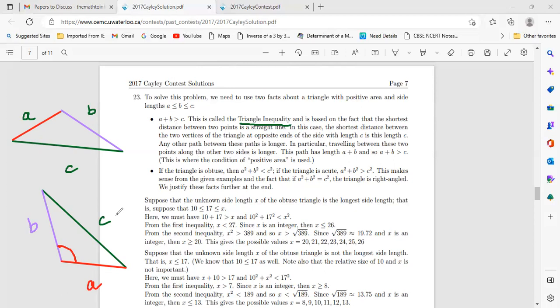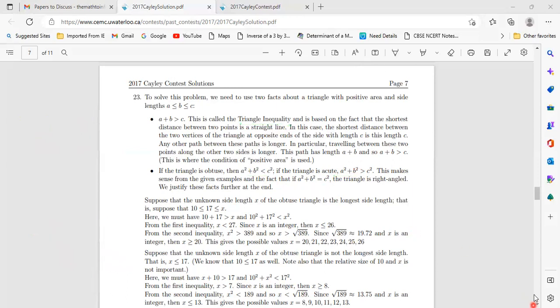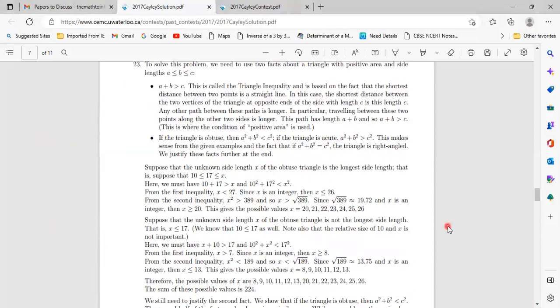If the triangle is acute, A square plus B square is greater than C square. So this makes sense from the given examples. If A square plus B square is equal to C square, then the triangle is a right angle triangle. You know Pythagoras, right? So we now know that x must be less than 27. And we also know that x must be greater than 10 squared plus 17 squared.